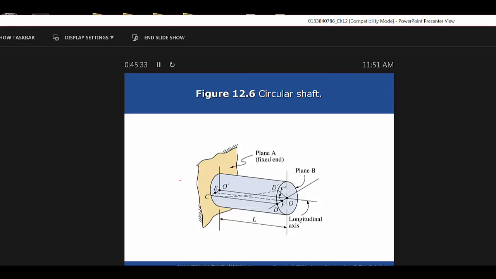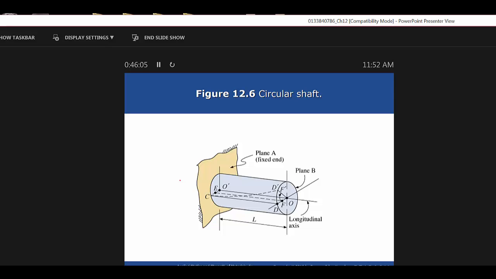So the shear stress developed in torsionally loaded circular shafts is proportional to the distance from the longitudinal axis of the member. I may be a step ahead of myself, but the torsional shear along this line EF here is going to be half of what it is at CD.